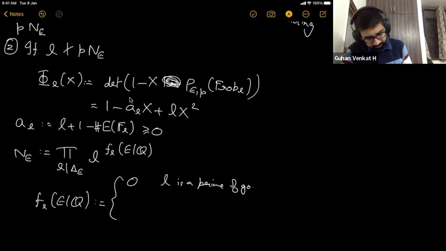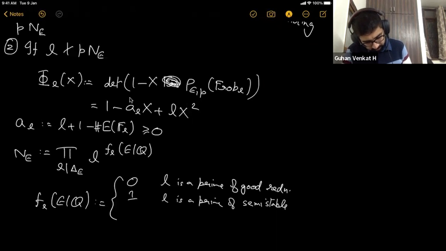It's 1 if ℓ is a prime of semi-stable reduction, and then 2 if ℓ does not divide 6 and E has additive reduction.